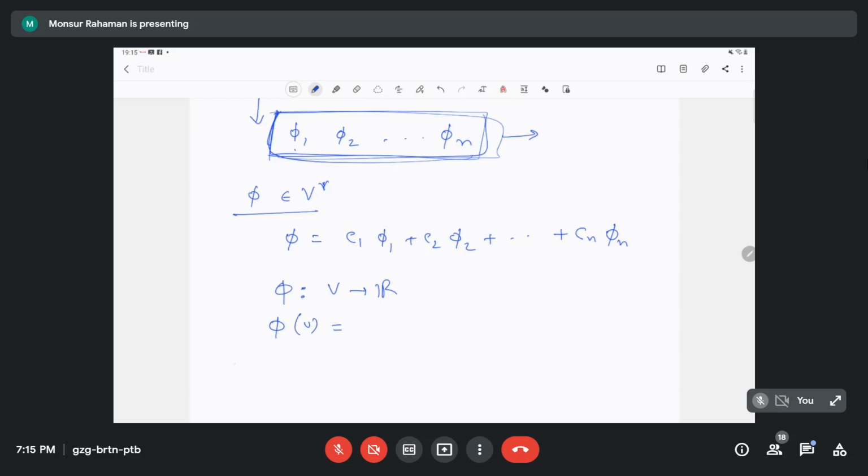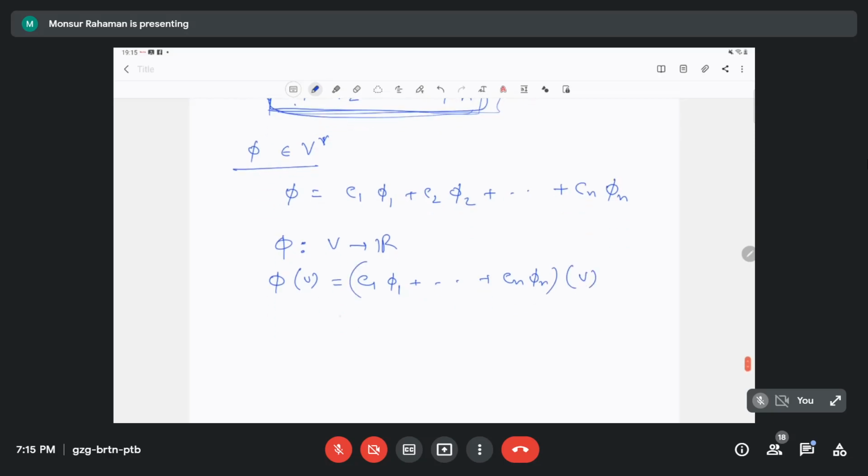Phi of v is defined as c1 phi 1 v plus cn phi n v. So this phi is defined in this way.